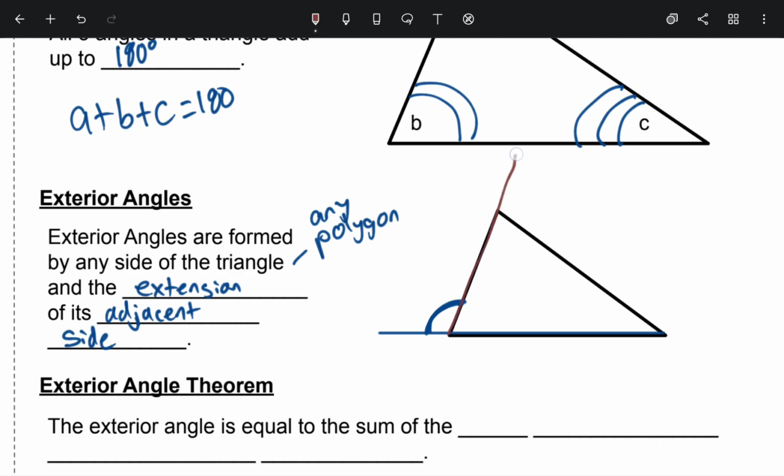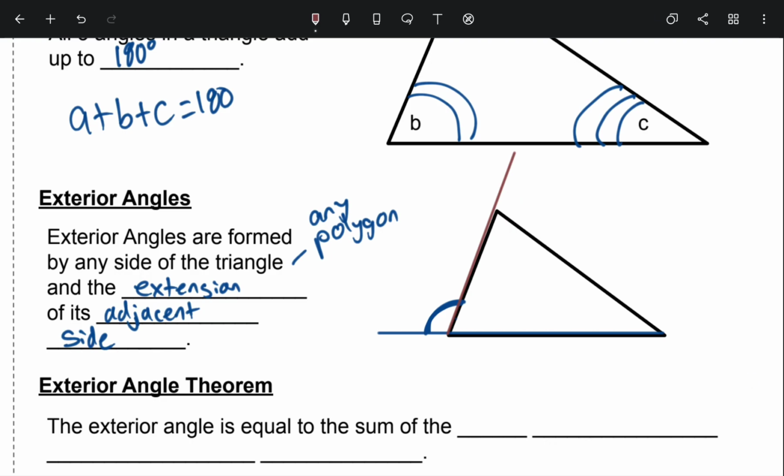I can also extend this side out, and that's another exterior angle. And same here. Extend that side out, pretend they line up perfectly, and this is our exterior angle. We can also go the other way like this. Okay, so those are exterior angles.